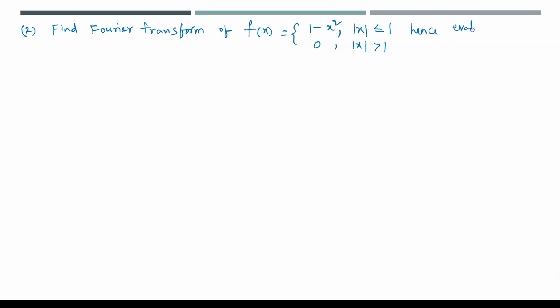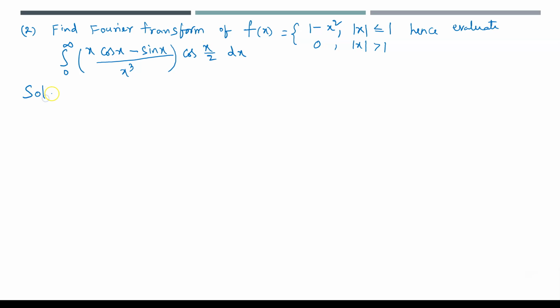Hence evaluate integral 0 to infinity (x cos x minus sin x) upon x cube into cos x by 2 dx. We have to evaluate this integral after finding the Fourier transform.